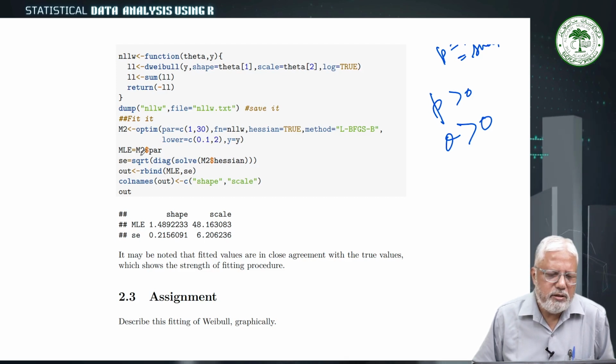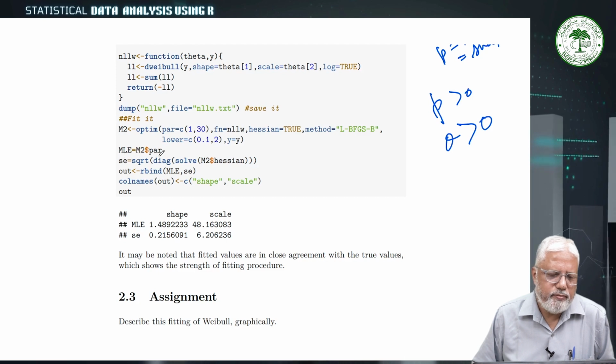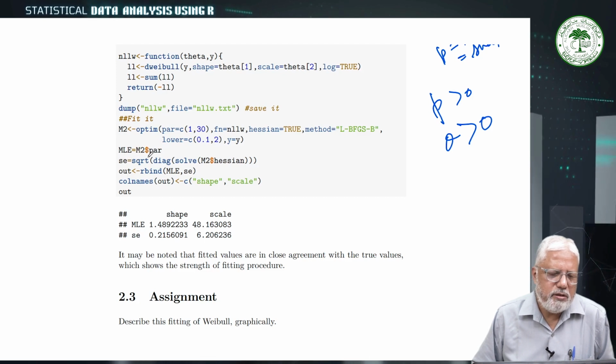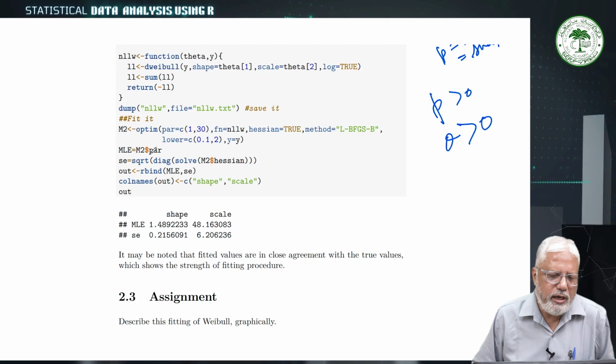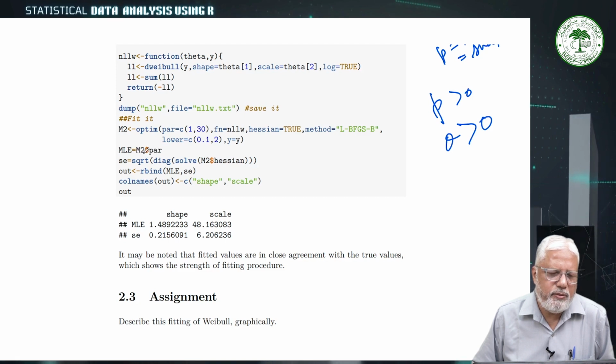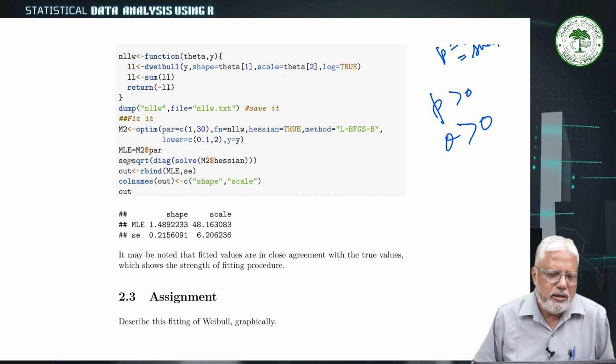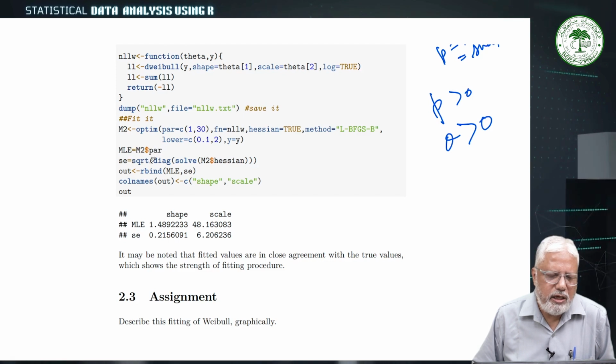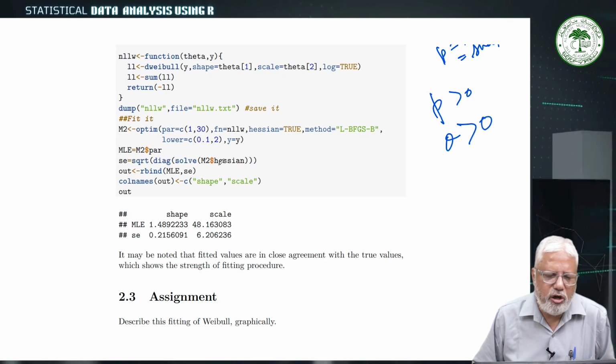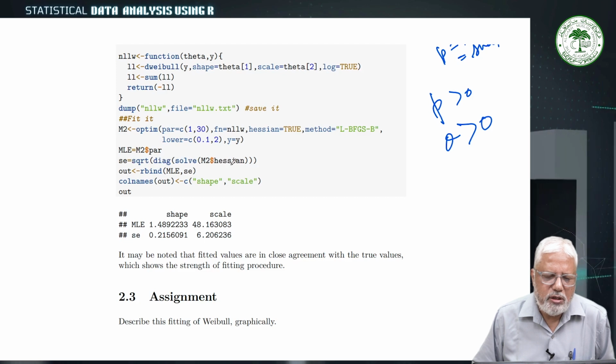Then MLE is M2 par, that is, we are extracting from the fitted object M2 the value of the maximum likelihood estimator. Then to estimate the standard error, sqrt of diag of solve M2 Hessian.